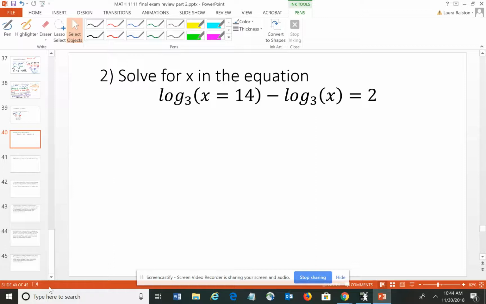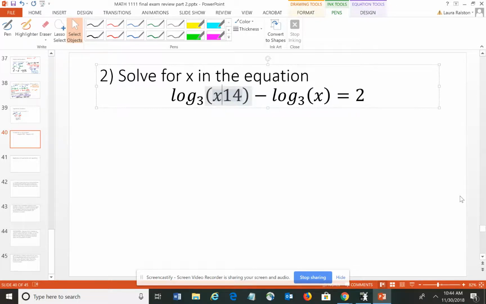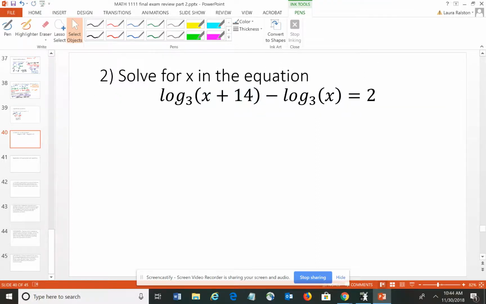Then we have log base 3 of x plus 14, let me put the plus sign in there, minus log base 3 of x equals 2.